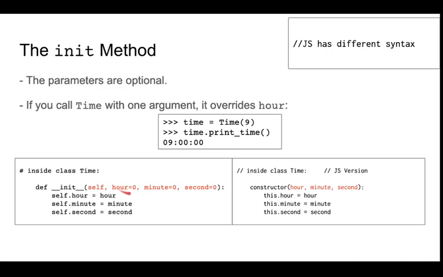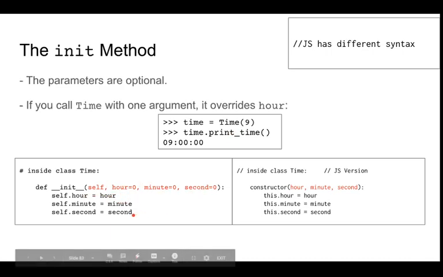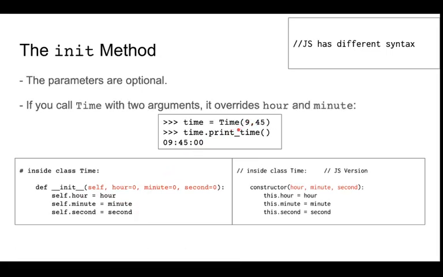If you just have one argument, for example the first one, then it overrides the hour, hour equals 9, and the rest becomes 0 and 0, minutes and seconds. If you give it 2 numbers, the first 2 things are overwritten.